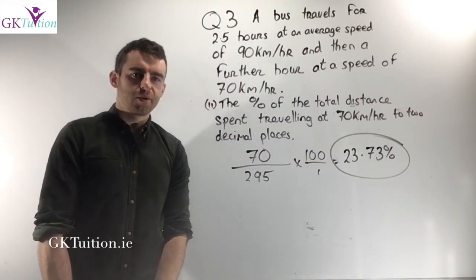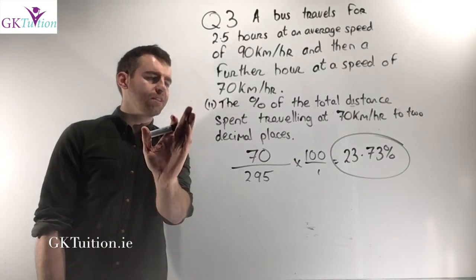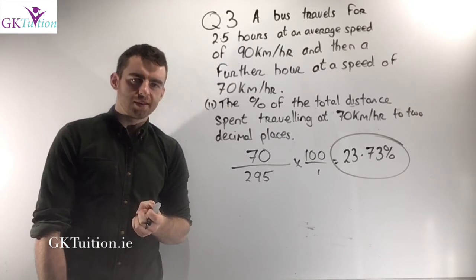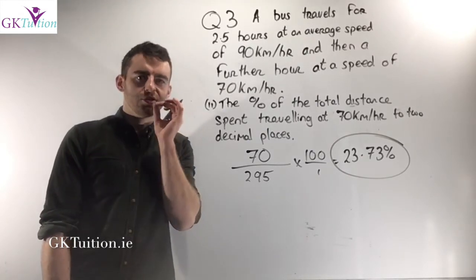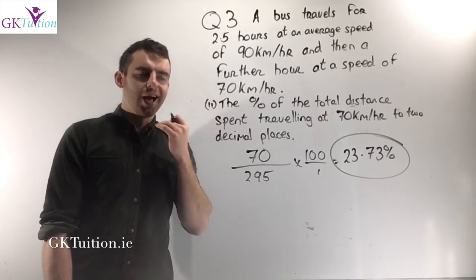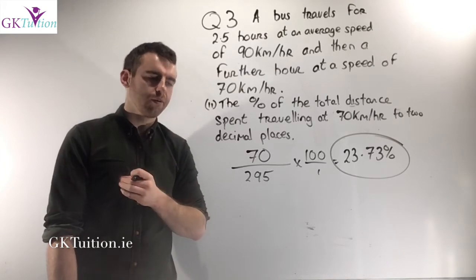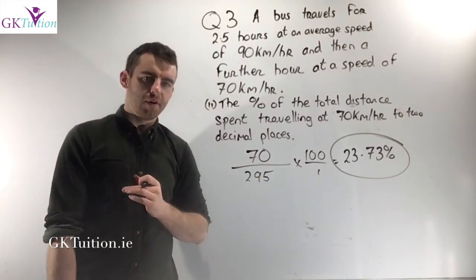Then the second part of this question is very straightforward. It says find the percentage of the total distance spent travelling at 70 kilometers per hour to 2 decimal places. From what we did in part 1, we know that he travelled 70 kilometers at 70 kilometers per hour. That was the distance travelled at 70 kilometers per hour. And we know that the total distance travelled is 295 kilometers.